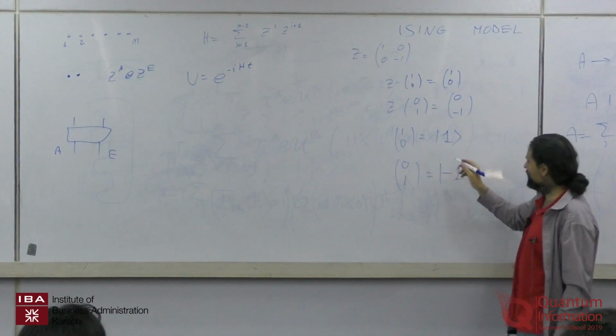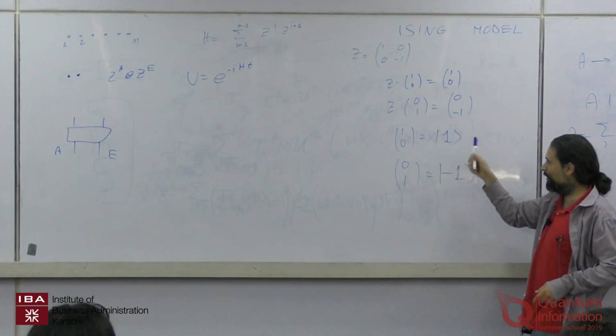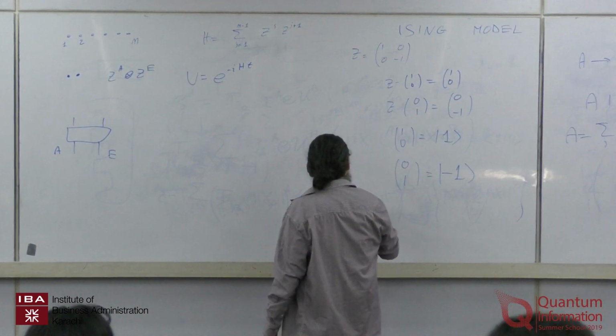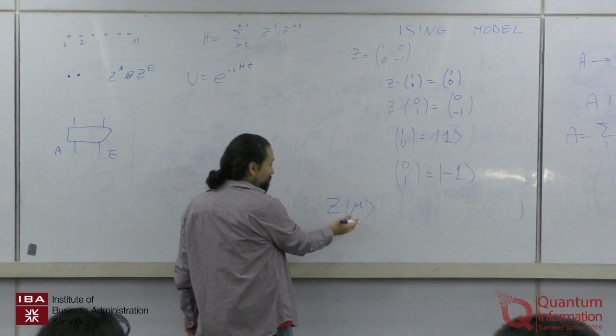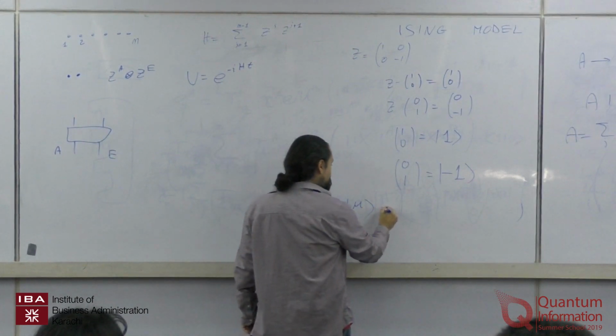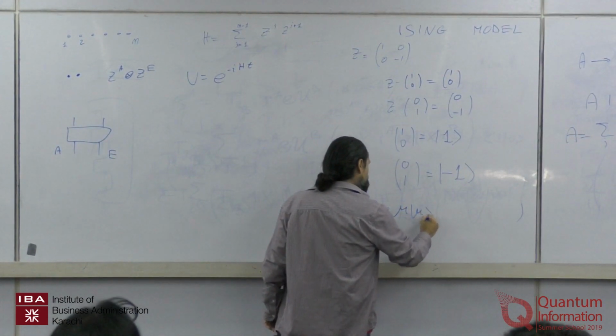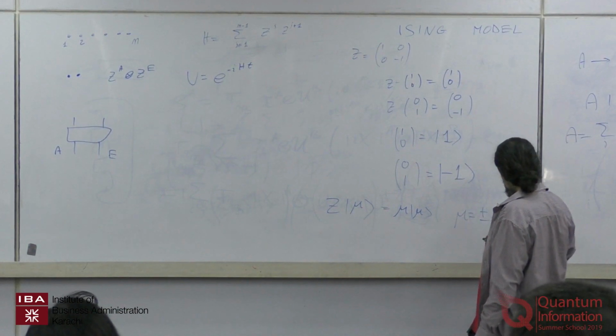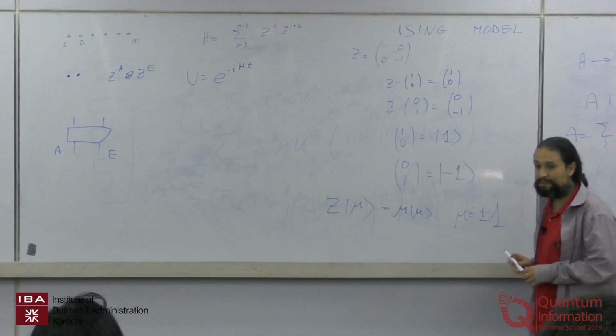So instead of 0 and 1, we write the eigenvalue. The reason is that we can then write simply Z applied to mu, where mu is 1 or minus 1, is equal to mu times mu. Mu equals plus or minus 1. Okay, everybody on board with this?